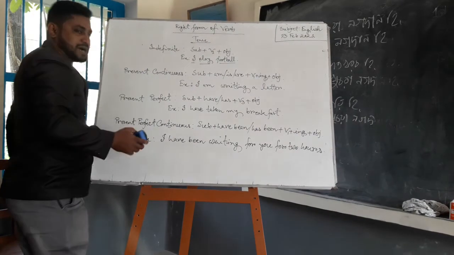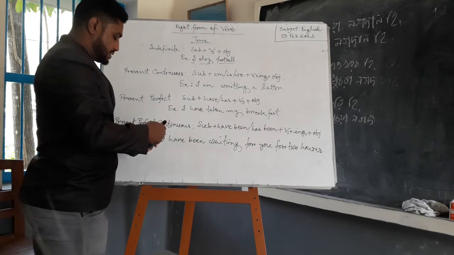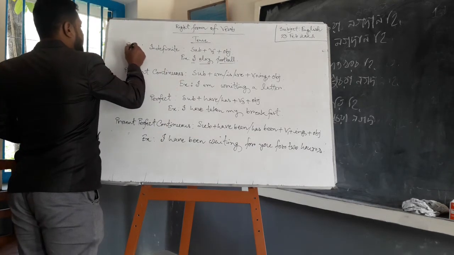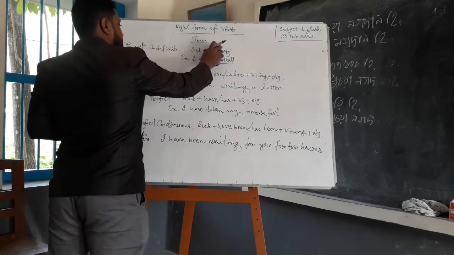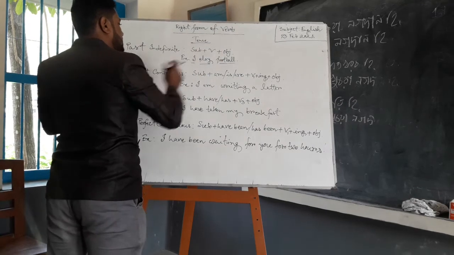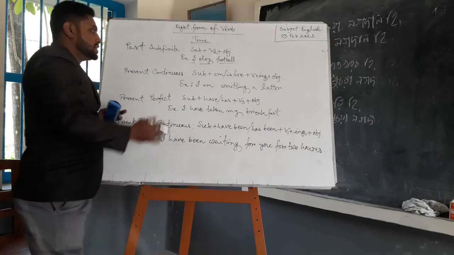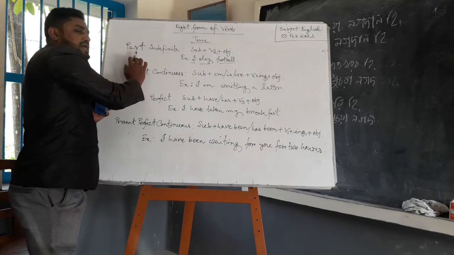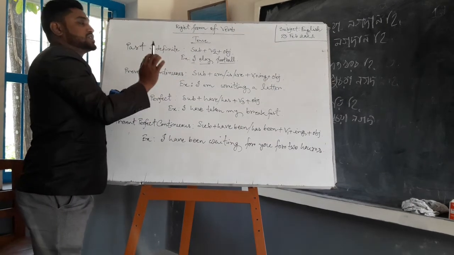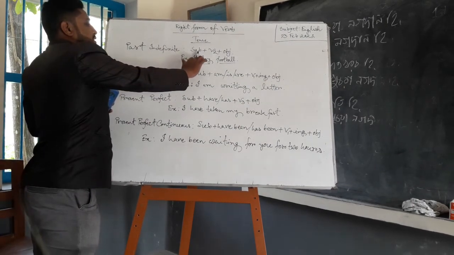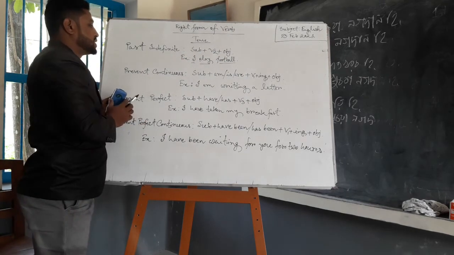Now come to the topics of past tenses. Past indefinite: subject plus verb 2 plus object. If there is past indefinite tense, we should follow the structure like this: subject plus verb 2 plus object.